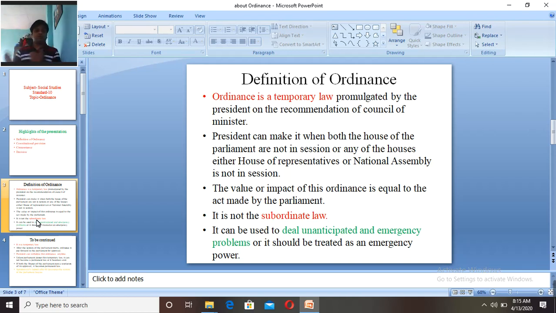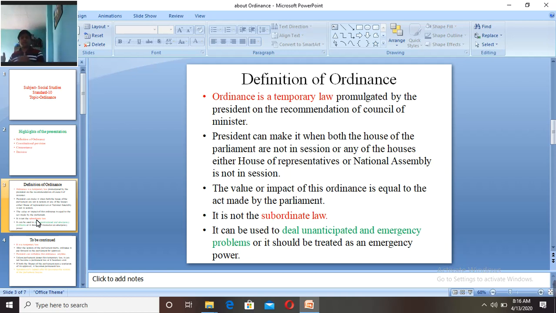Their impact and their value are the same. Although ordinance is made by the executive and law is made by the parliament, there is no difference in terms of their impact on the activities of the state.